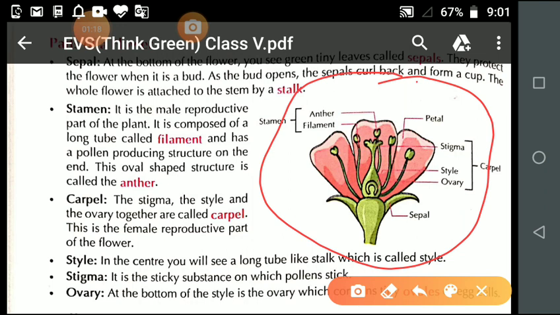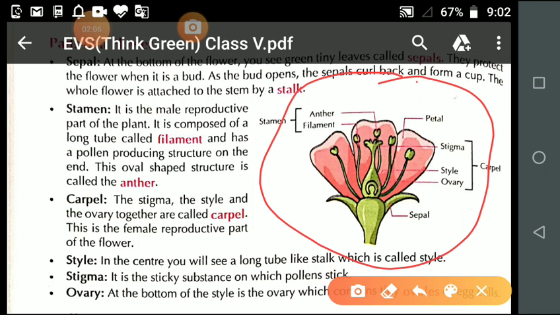And reproductive parts of a flower consist of stamen and carpel. Is it clear?